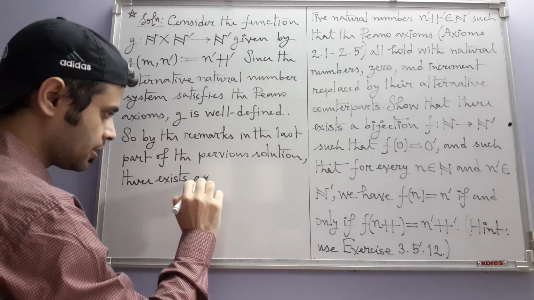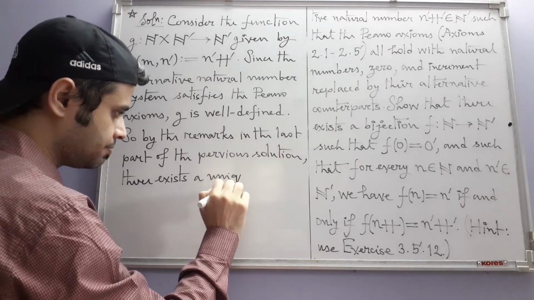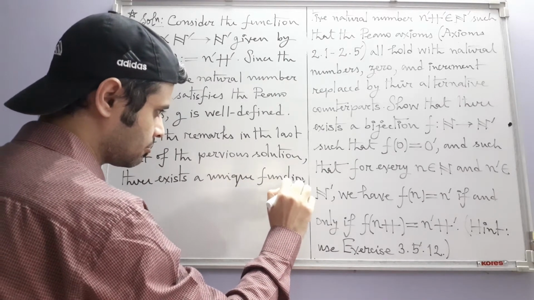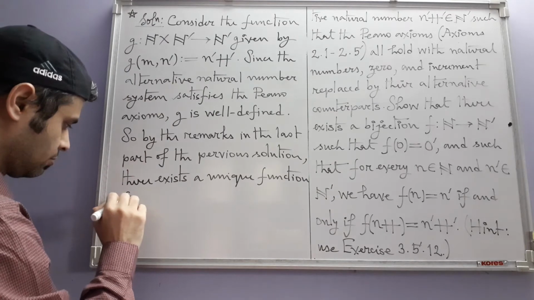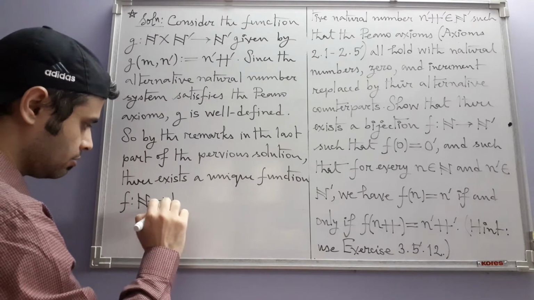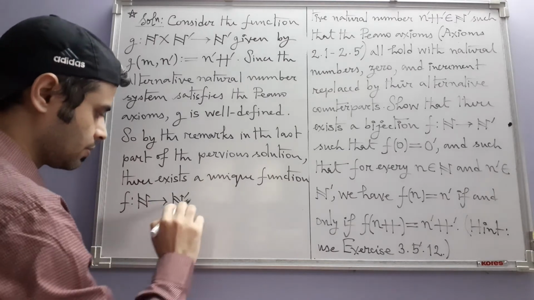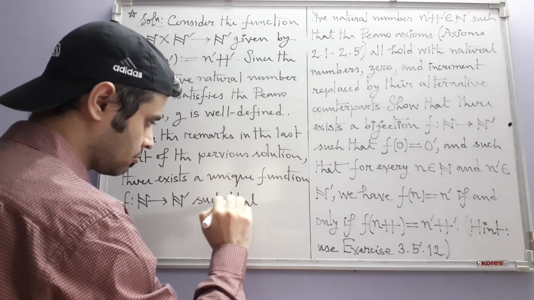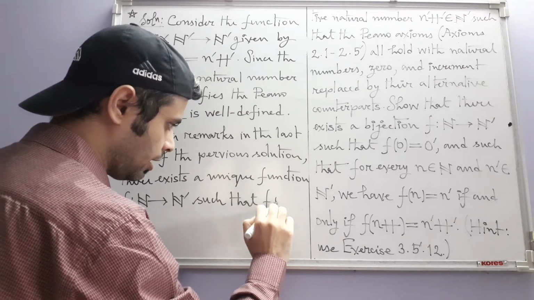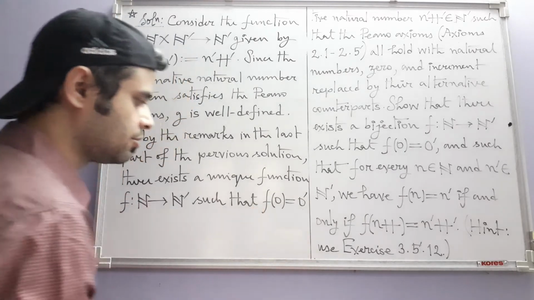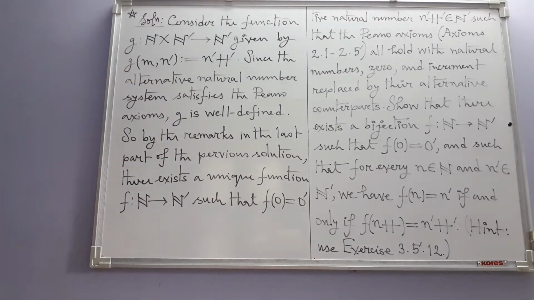There exists a unique function f from N into N prime such that f of 0 is equal to c. Now c we have chosen to be the alternative 0.